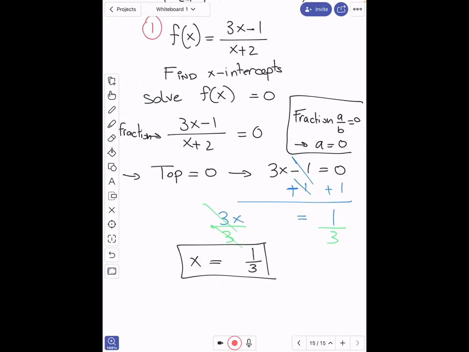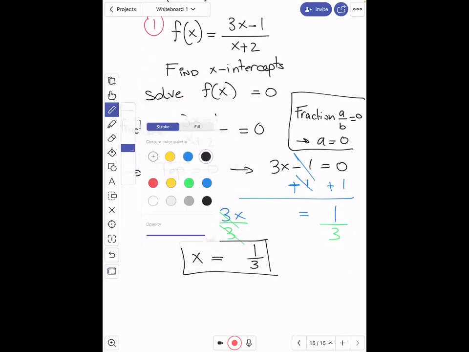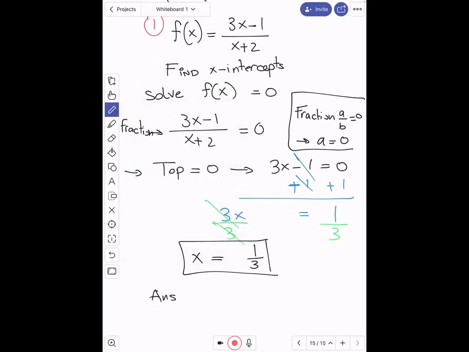So the answer to number 1 is (1/3, 0). My x-intercept for number 1 is (1/3, 0).